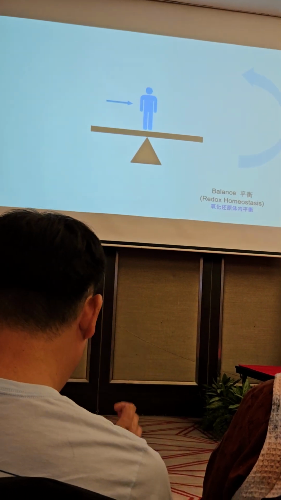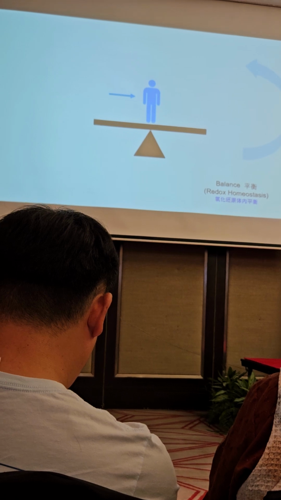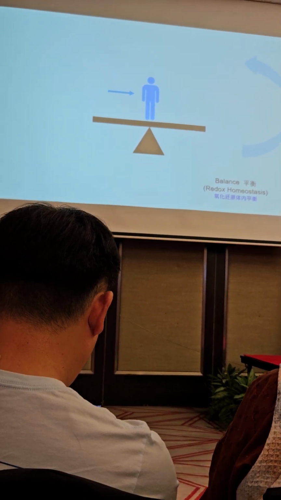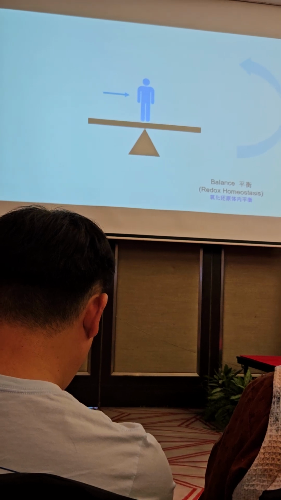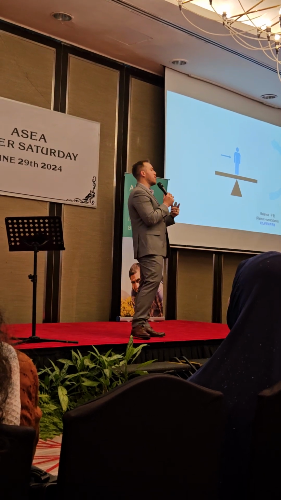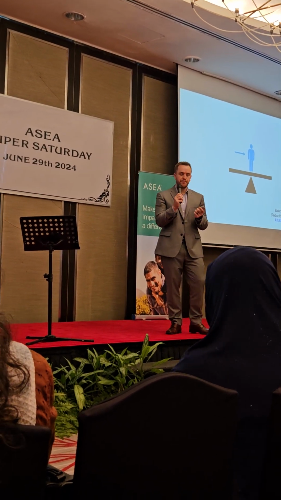I like to use this example of the balance or seesaw. I said earlier today that we are exposed to stress in today's modern time thousands, if not millions of times per day. When we're exposed to stress, we are knocked off of balance. We call it redox homeostasis, is the fancy word for redox balance.